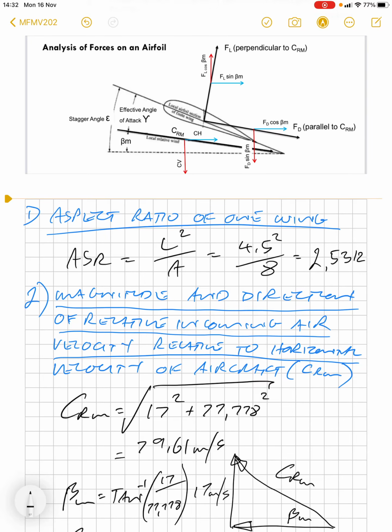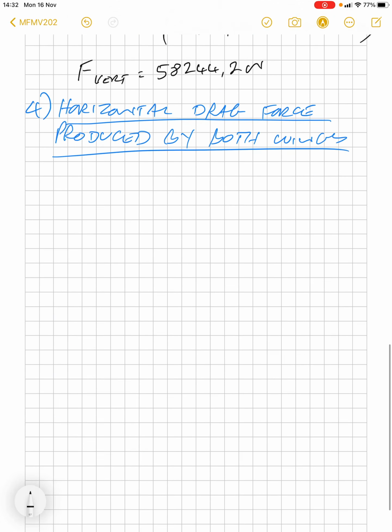So we have FL sine beta M and FD cos beta M, both of them in the same direction, so we will add those forces together to get the total horizontal forces.